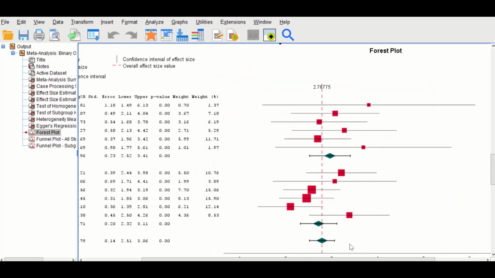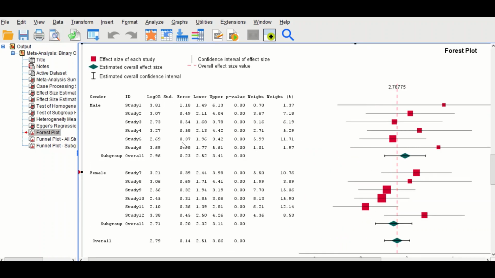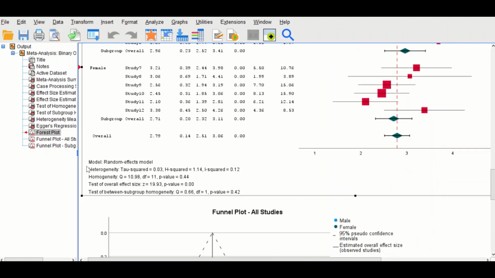to the out of the editing mode, as shown here, there are 3 parts, and the third section here shows that the model is a random effect model, and the heterogeneity test based on tau squared and on the Q value for homogeneity or heterogeneity, and also a test for overall effect size with a p-value given here, which is significant, less than 0.05, and tests between subgroup homogeneity with a p-value given.